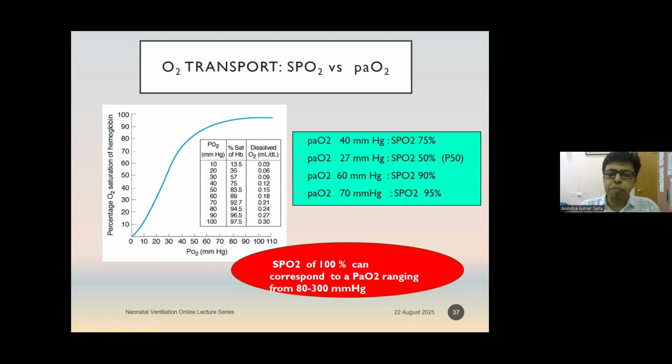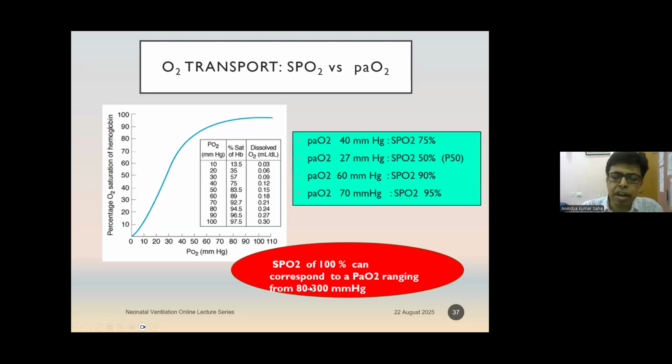So an SpO2 of 100% can correspond to a partial pressure of oxygen ranging from 80 to even 300 millimeter of mercury. So SpO2 less than 70 or less than 75 can indicate a lower partial pressure of oxygen, but SpO2 more than 95 to 100 does not necessarily mean the oxygen pressure is limited to 50 to 70 millimeter of mercury.